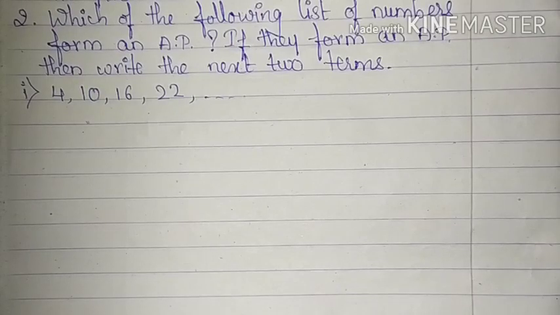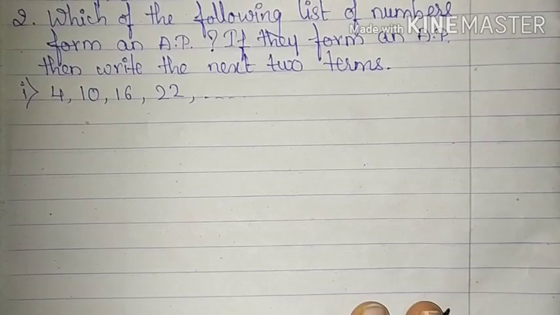Now look at the second question. Which of the following list of numbers form an AP? In this question they have given you several lists of numbers and you have to determine whether these lists of numbers form an arithmetic progression or not.